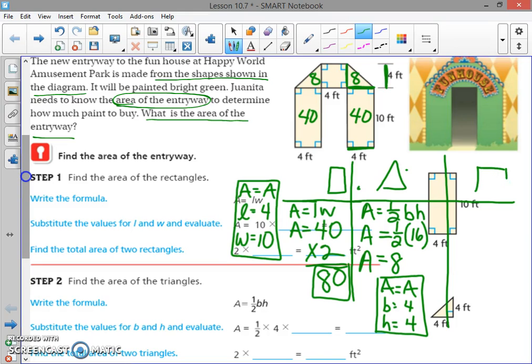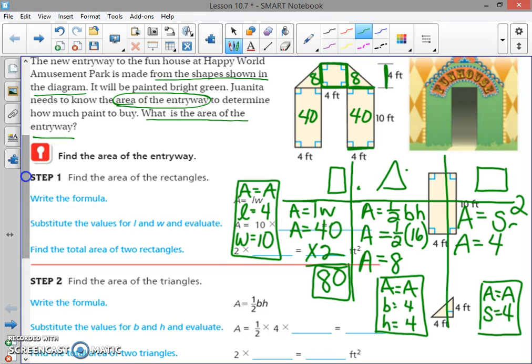Okay, and then we have our square, and we know area of a square is length times width, or when it's a square, we use side squared. Okay, our box of goodness, area, we're looking for it. Side, so we know already that the side of this square is 4. This is 4, 4, and 4. So the side is 4, and we're just going to square it. So 4 squared, so the area of this is 16.